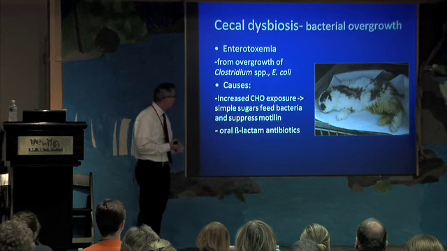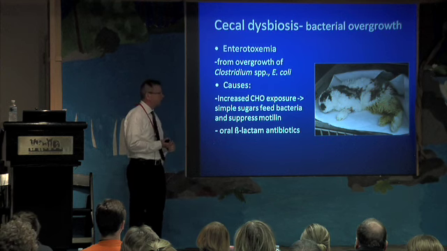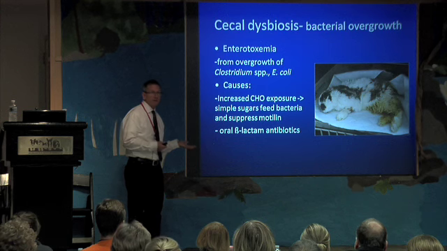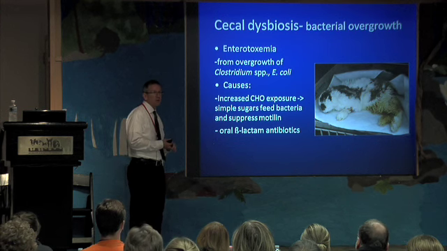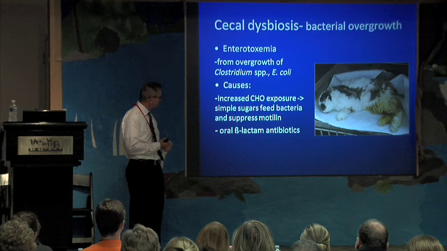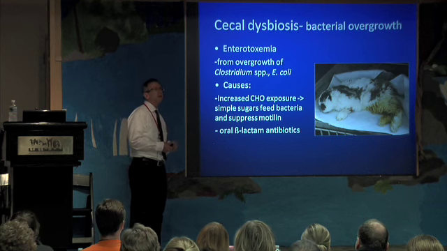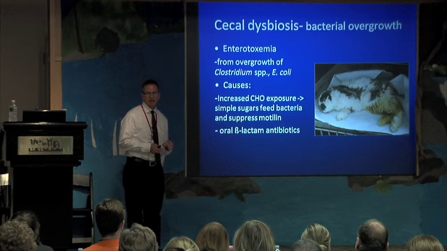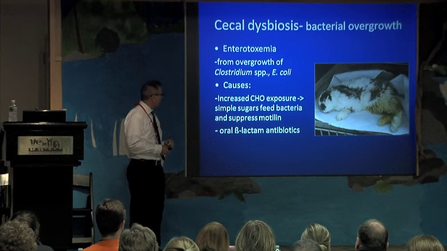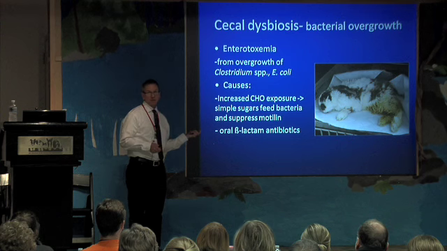The causes can be increased carbohydrate exposure, like treats, yogurt treats, or any simple carbohydrate, the cookies the rabbit stole, or the muesli that they pick out selectively, the high carbohydrate, high sugar containing items. Those will feed the unfriendly bacteria, the Clostridium.